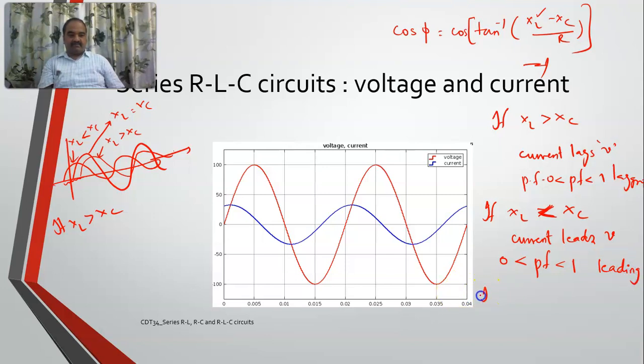Now, if XL is equal to XC, see what will happen? The phase angle will become 0. Tan inverse of 0 is 0. Cos 0 is 1. So your current will be in phase with V, and your power factor will be absolutely 1, which we call unity power factor.